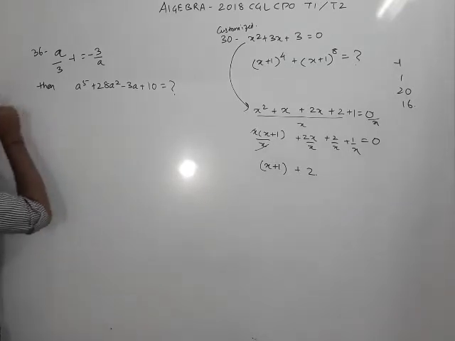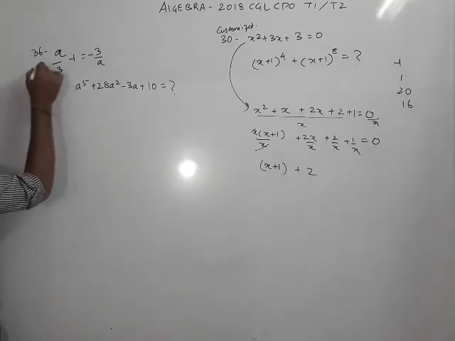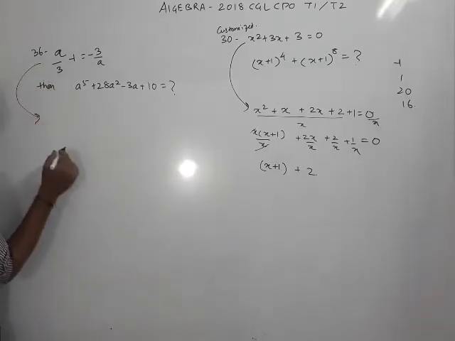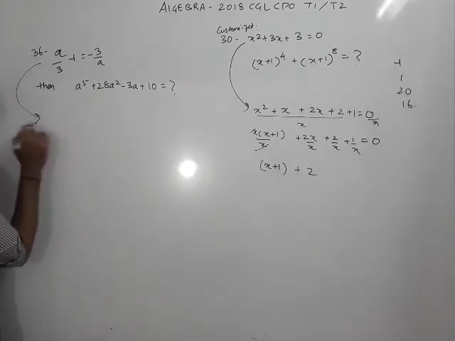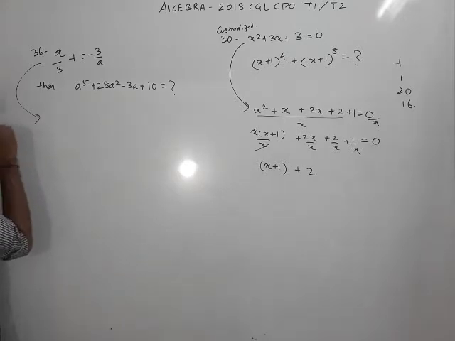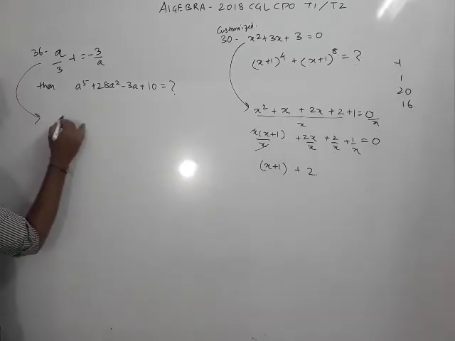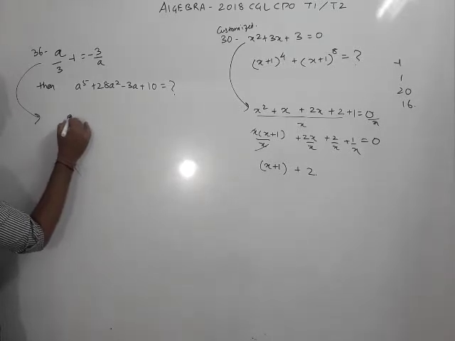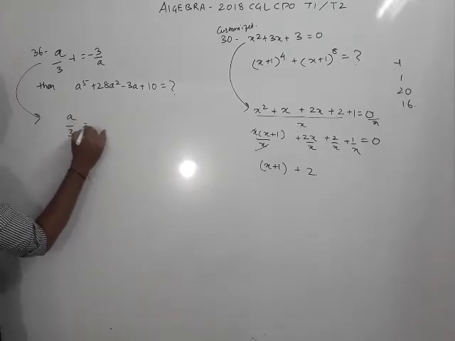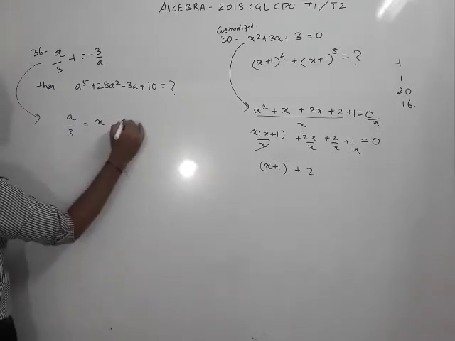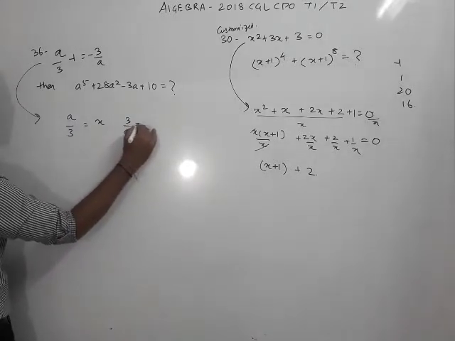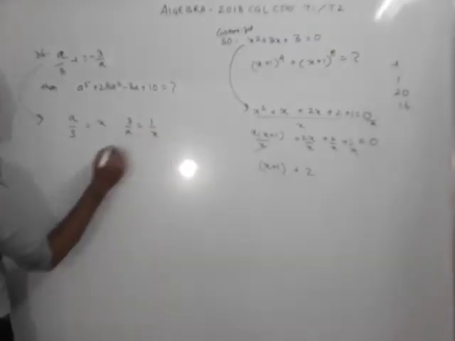Pay attention to this. Alright, in this question, it is again nothing else. a by 3, if I call it as x, what will be 3 by a? It will be 1 by x.